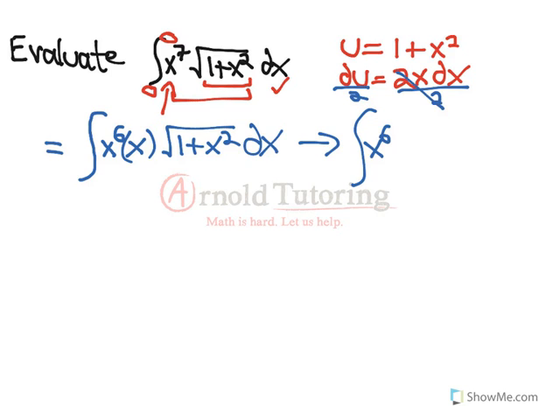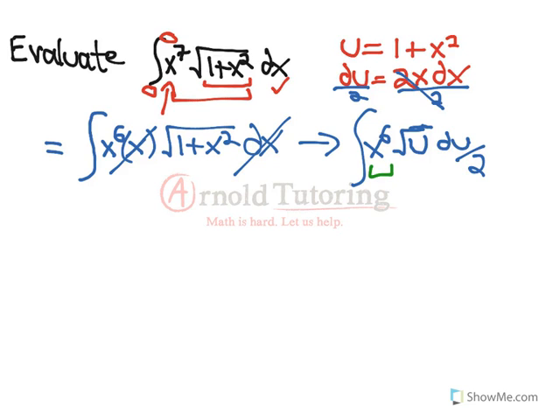So I can get rid of x and dx by calling that du over 2. And we're calling 1 plus x squared u, so this is the square root of u. So we're almost there. We've just got to continue to somehow express x to the 6 in terms of u.